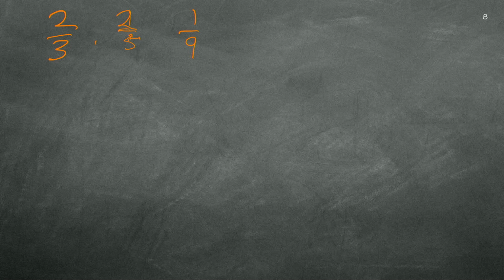Okay, so our lowest common denominator for 3, 5, and 9, I hope you managed to find that, is 45. If you did not get that, then just stop and check your answers. So now we have to turn all of these into fractions with 45 as the denominator.